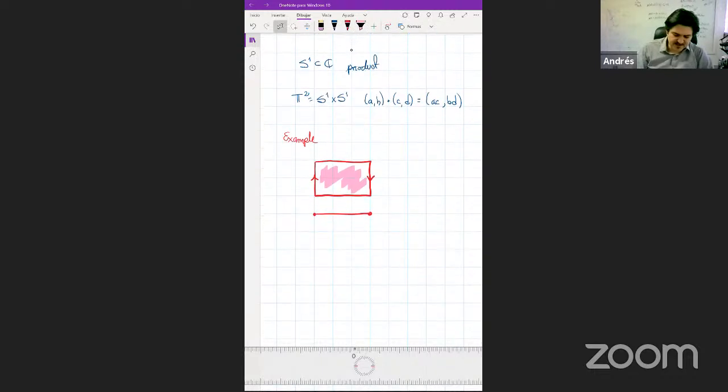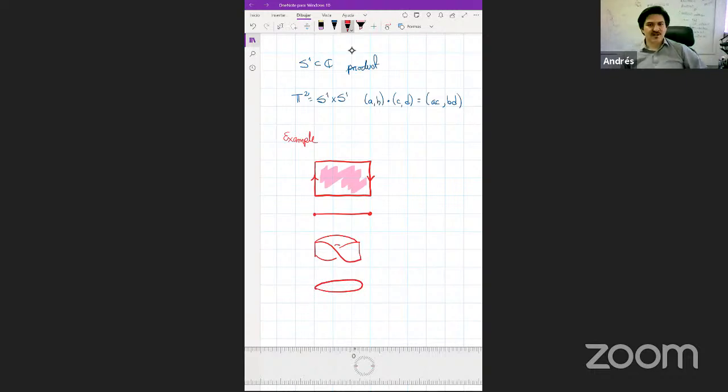So this will give me something like this. Right, so think of the Mobius strip that you can shrink it to the center, which is going to be a circle.